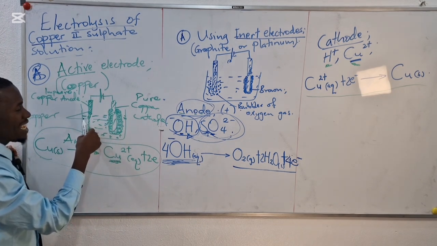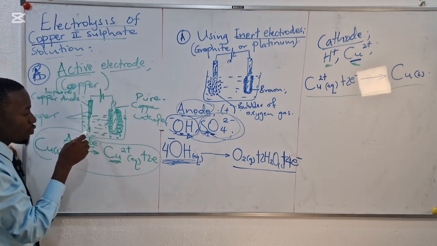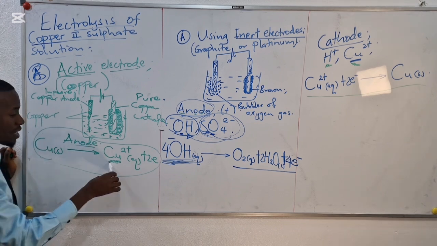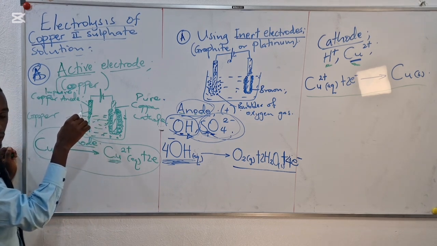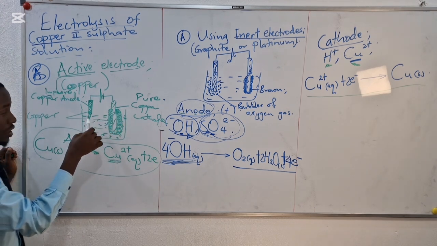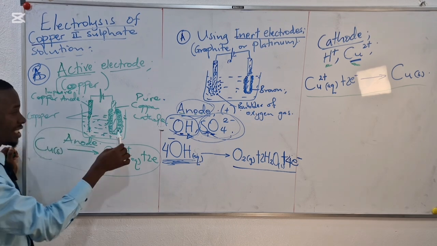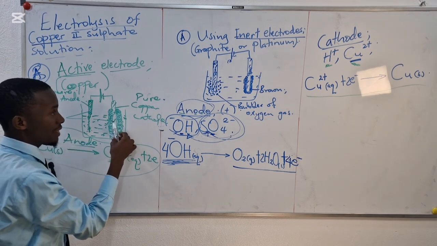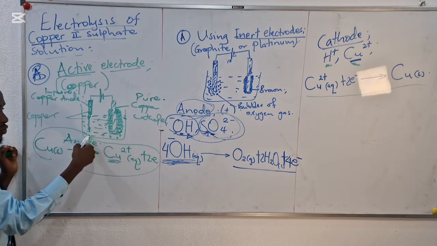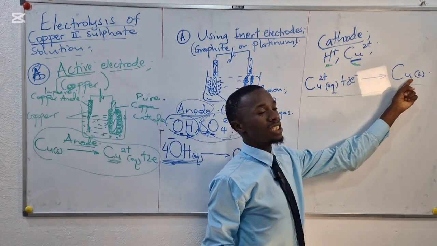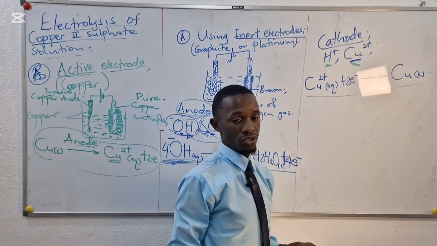But the anode here, when using an active electrode, dissolves within the solution to form respective ions of that electrode into the solution, so decreasing its size. But still, the cathode is also increasing in size as a result of the copper that was in solution being discharged.